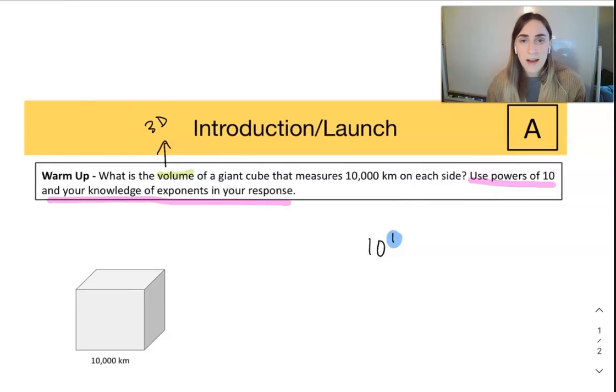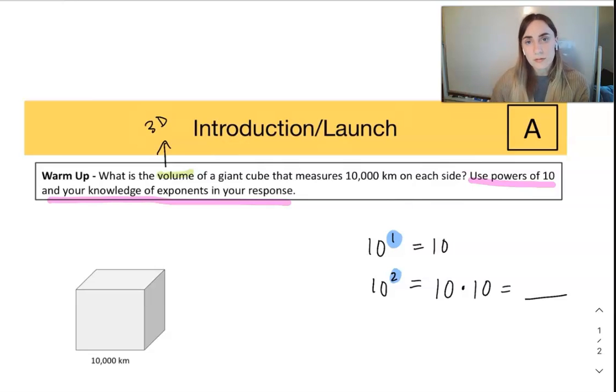So this means we have one factor that is 10. So that equals 10. And then we'll work our way up. When we have 10 to the second power, we're saying we have two factors that are 10. So we have 10 times 10. And you can think about what number that would be equal to.